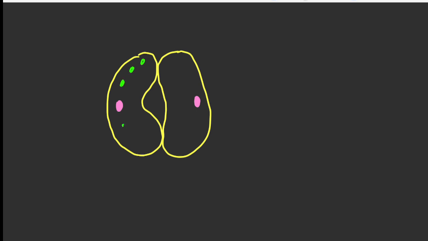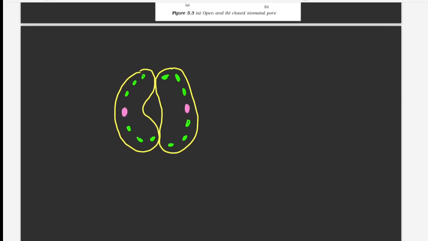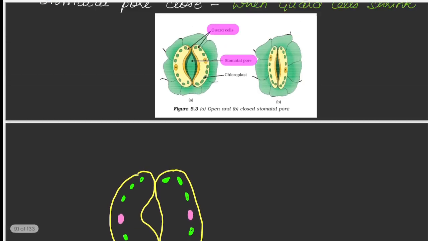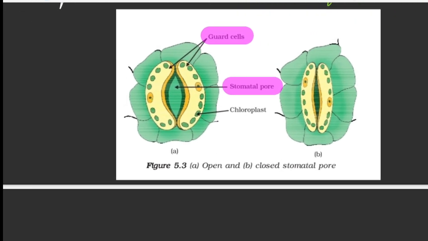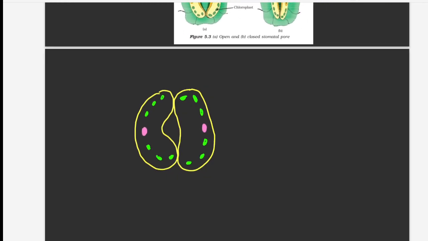So this is chloroplast. So this is the chloroplast. So after drawing the chloroplast, we are going to draw this structure. Can you see this green color structure? So these cells are called subsidiary cells.